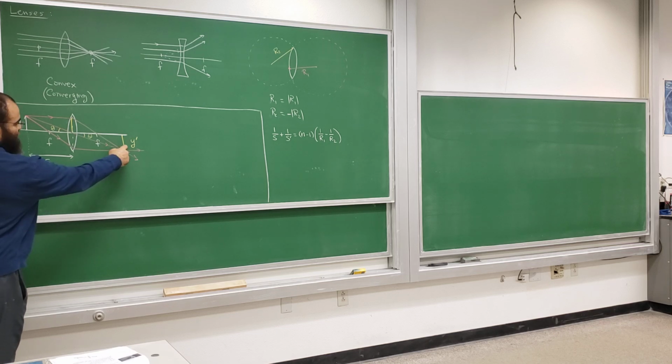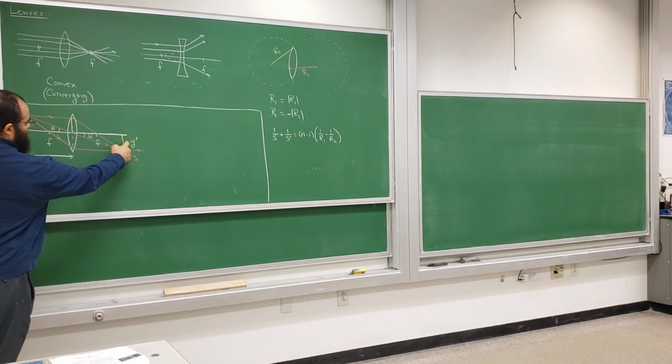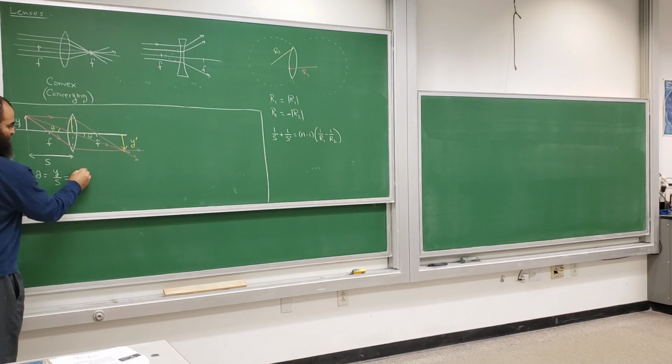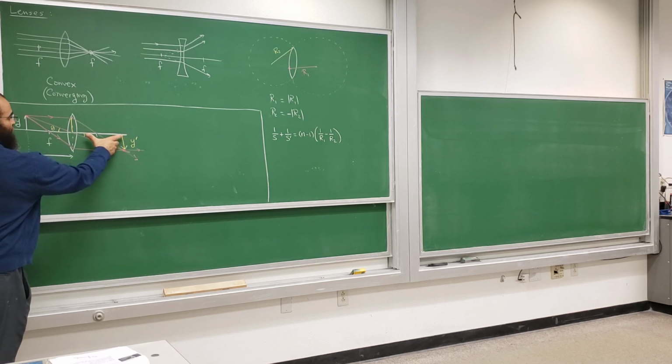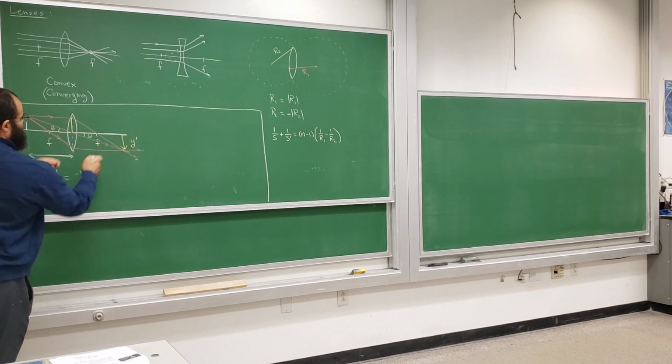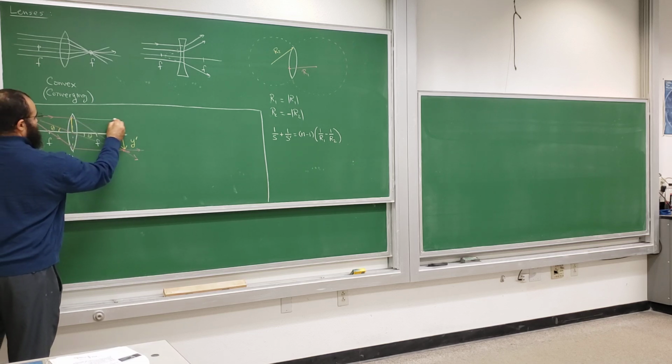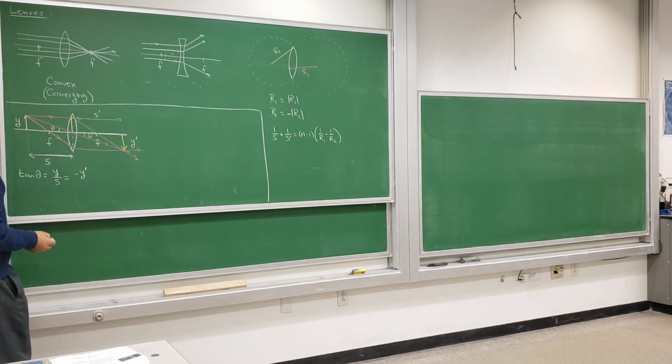On the other hand, let's look at theta from here. This distance is what? Y prime, but it's negative, so I want it to be positive. What do I do? I have to put minus y prime, right? And then over this distance. What's this distance? S prime, that's the image distance.